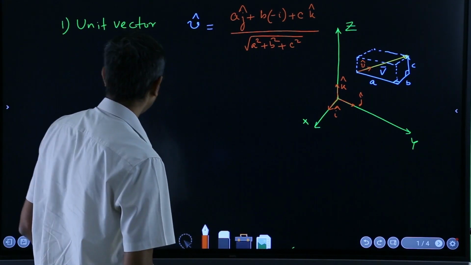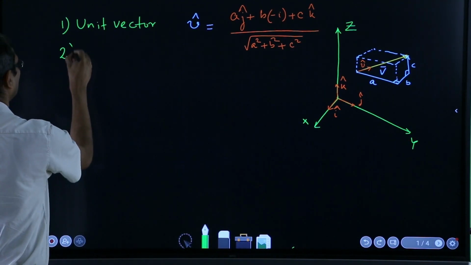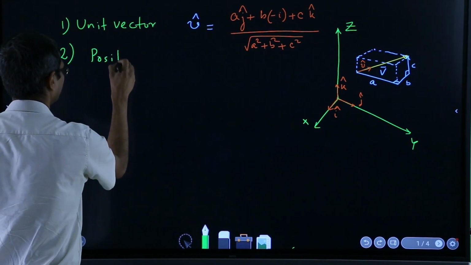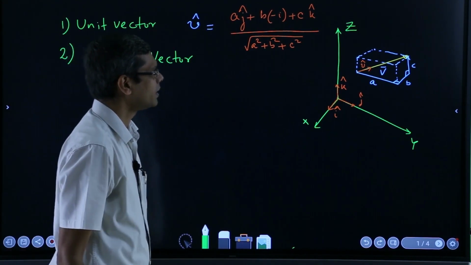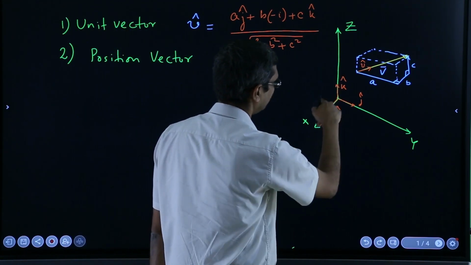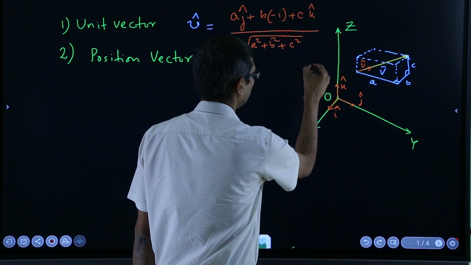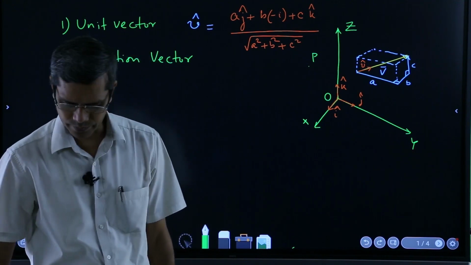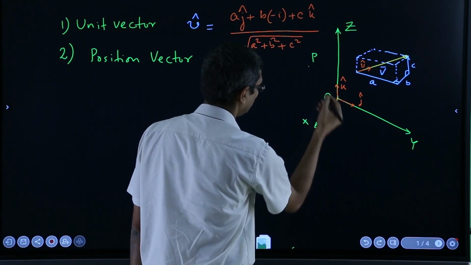Okay, that's one. Then the second thing which comes into our list is the position vector. For a position vector, you have to have a coordinate system somewhere with its origin, and any point you pick, say point P in that particular space, then the position vector is the vector from the origin to that point.